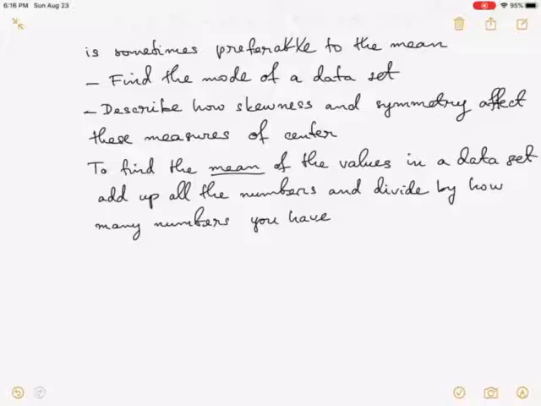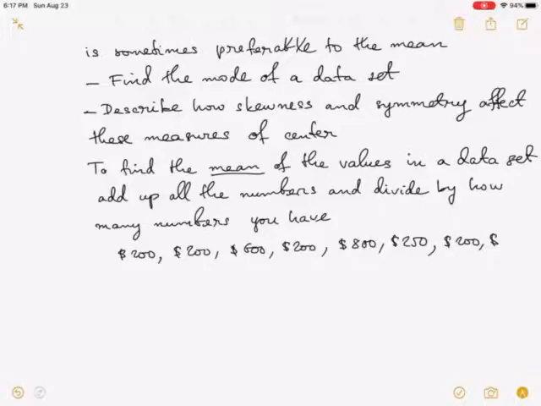So, for example, you have a table of the price of cell phones. We have eight different types of cell phones with the prices $200, $200, 600, 200, 800, 250, 200, and 300.